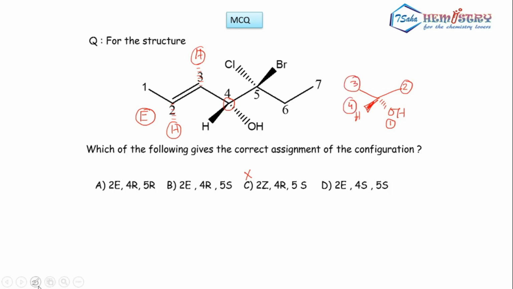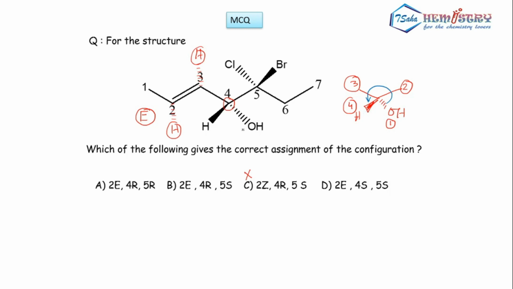Moving from 1 to 2 to 3 to 4 is anti-clockwise. If you move anti-clockwise, but the lowest priority group is present above the plane, then you should get R configuration.